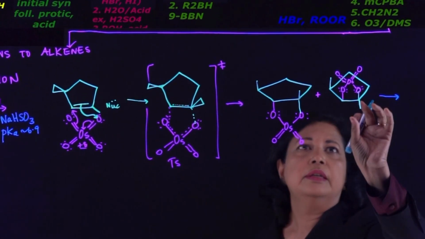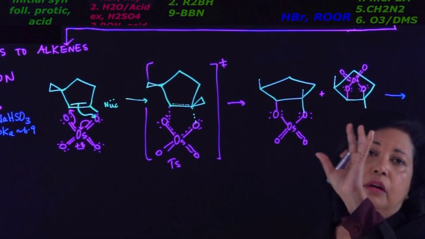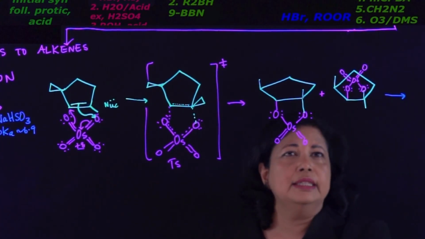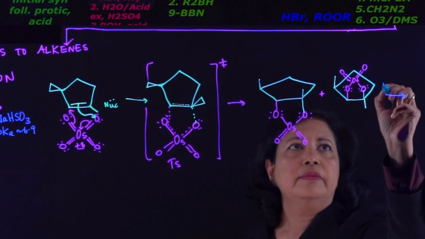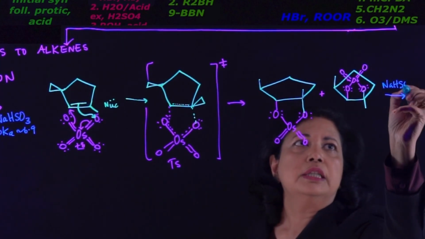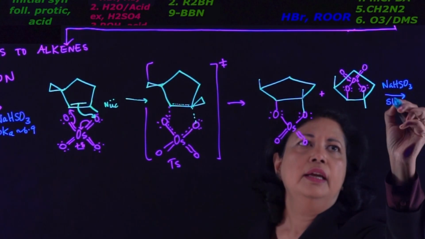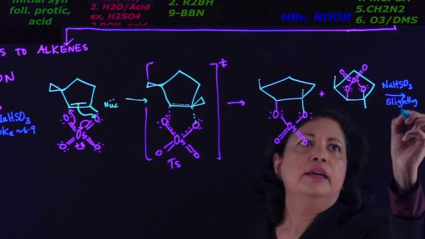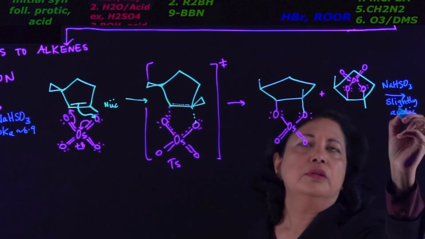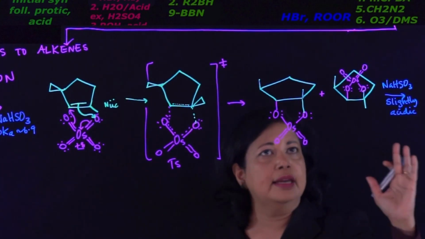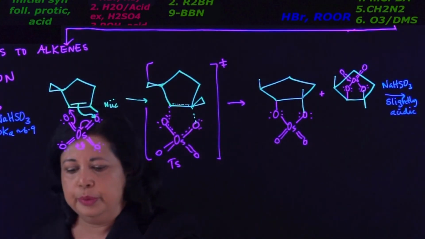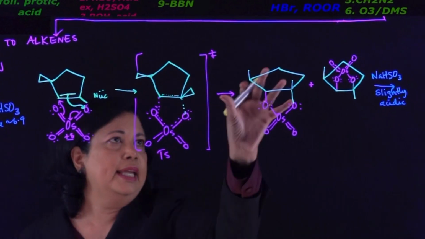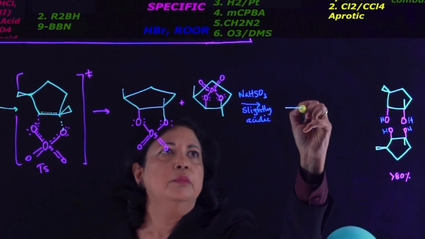There are instances where you have two of these on the osmium and so on. We're not going to get into that. Let's just say that in the presence of NaHSO3, which is slightly acidic, not very, you're going to have some hydrolysis that gets that osmium out, and you would get the same stereochemistry preserved.